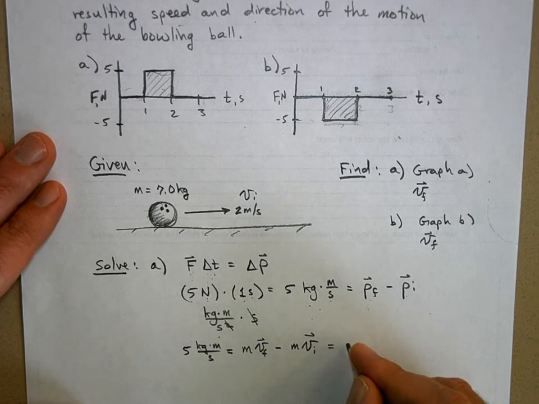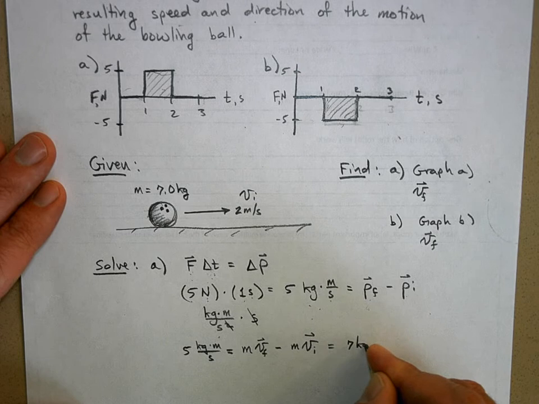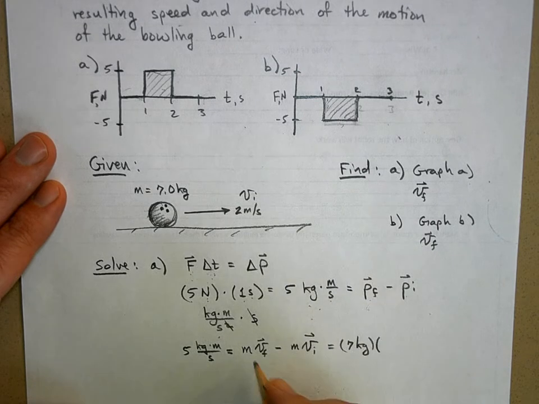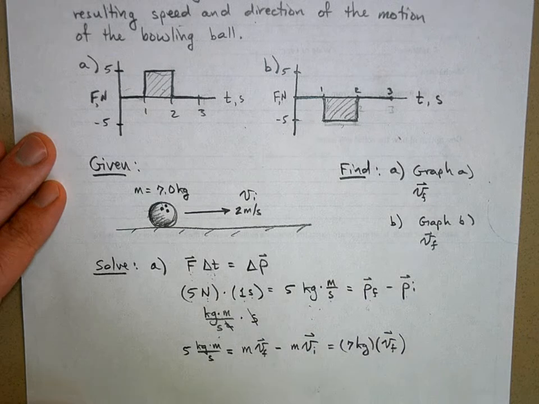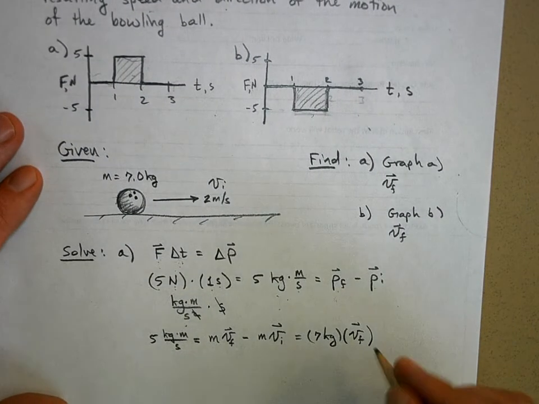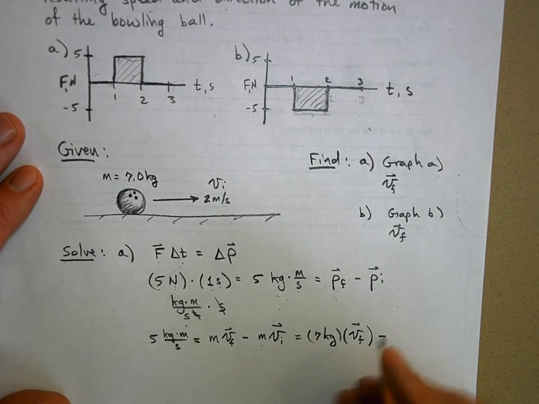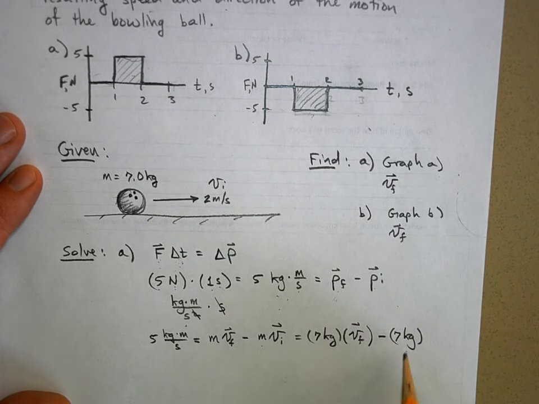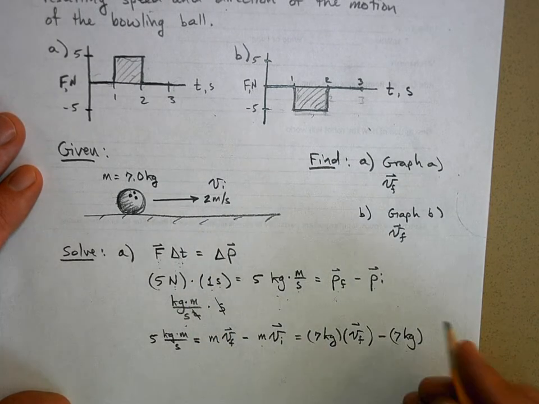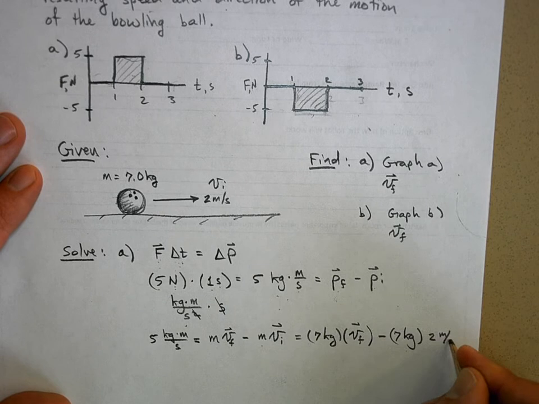Well, let's just rewrite this. This is 7 kilograms times my final velocity, which I don't know. That's what I'm trying to find. Minus my initial velocity, which is the mass, which is 7 kilograms, times what? 2 meters per second. That was my initial velocity.